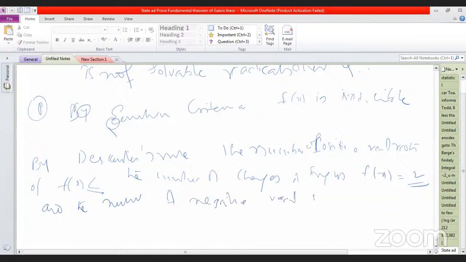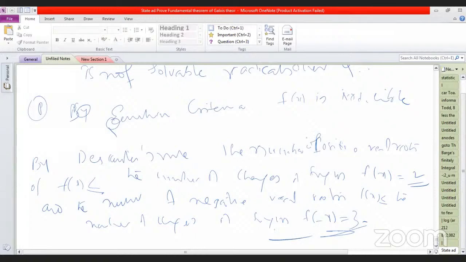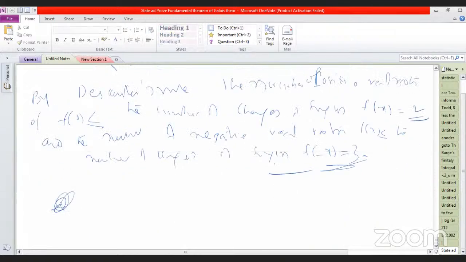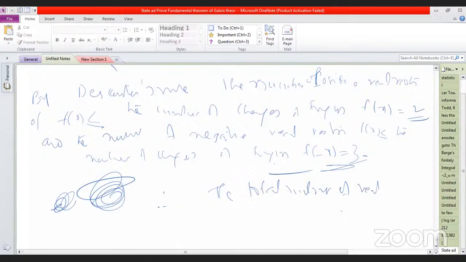real roots of f of x is at most the number of changes of signs of f of minus x. How do we write it here? Therefore, the total number of real roots of f of x is less than or equal to 5.